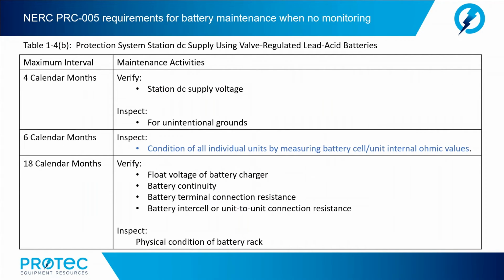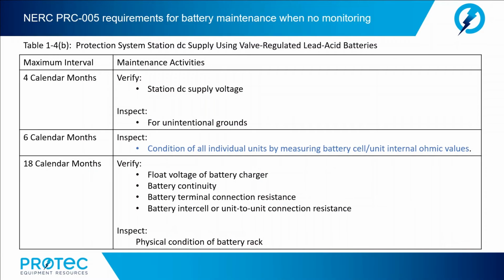Now, Table 1-4B. Basically, this one is very similar, except this one is for valve-regulated lead-acid batteries, or VRLAs. Now again, every 4 calendar months, we are to verify station DC supply and inspect for unintentional grounds. Every 6 calendar months, we inspect the condition of all individual units by measuring the battery or cell or unit's internal ohmic values.